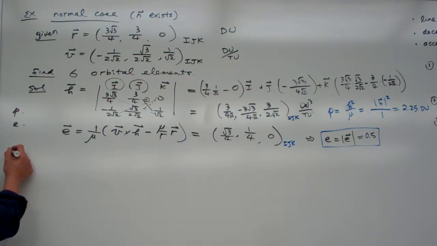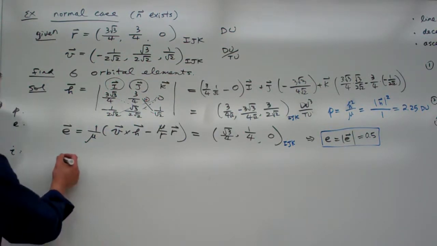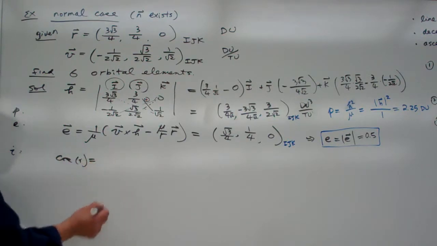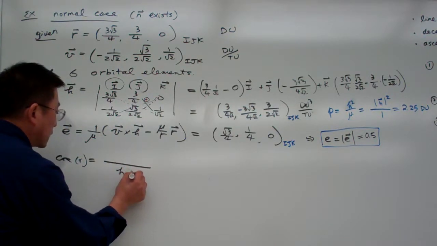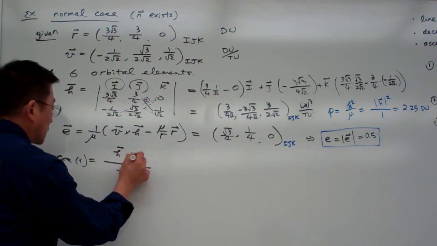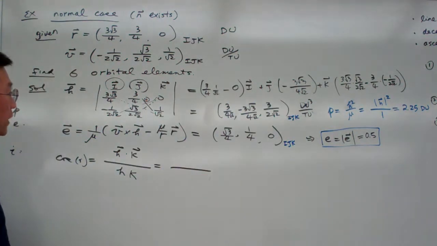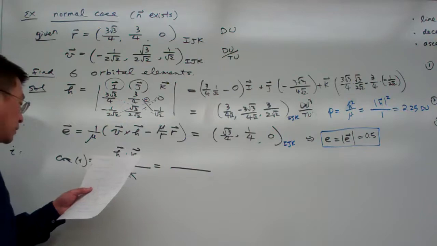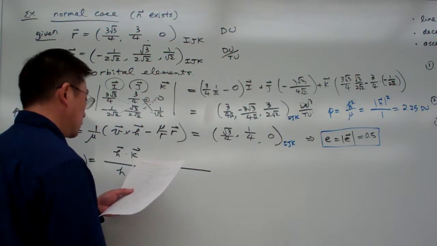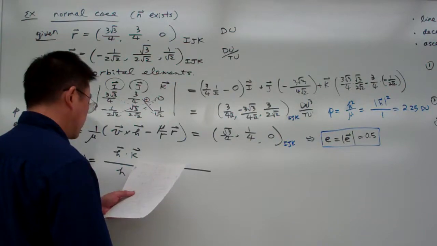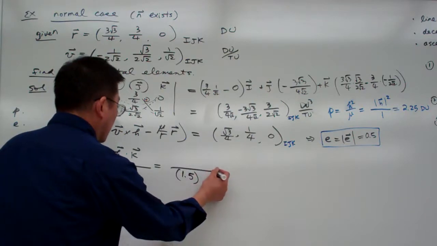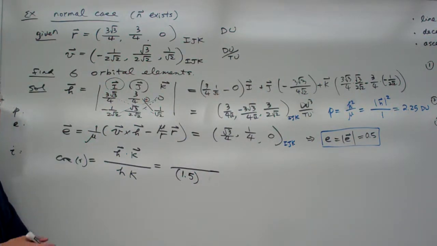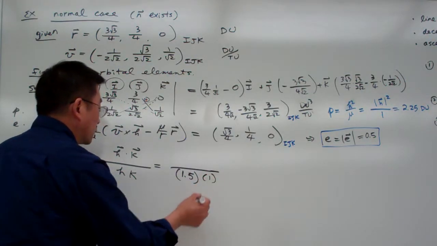Then we determine, how about i? Cosine i equals h dot k over the magnitude of h times the magnitude of k. And h has a magnitude, how much? 1.5. And k is the unit vector of the geocentric coordinate system, with a magnitude equal to 1.